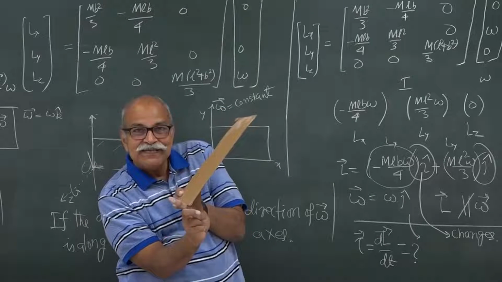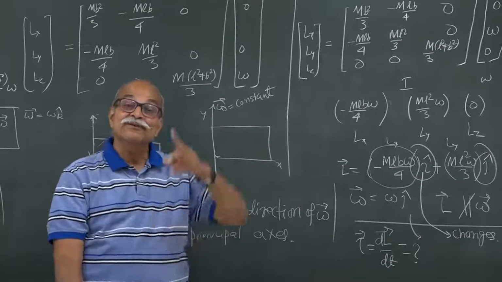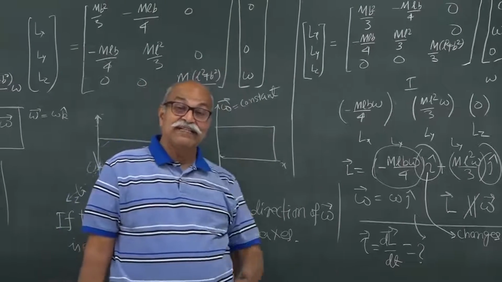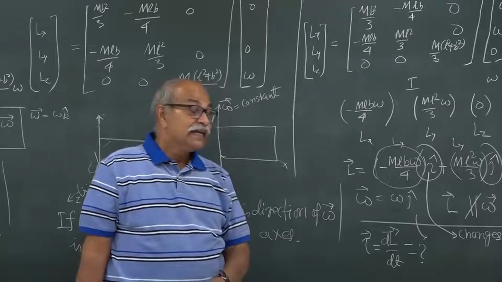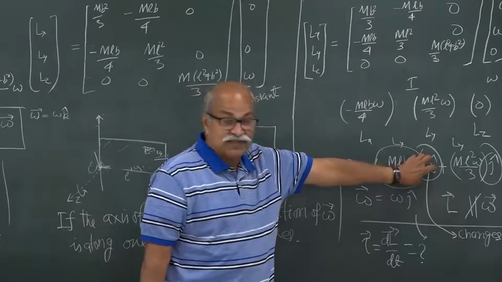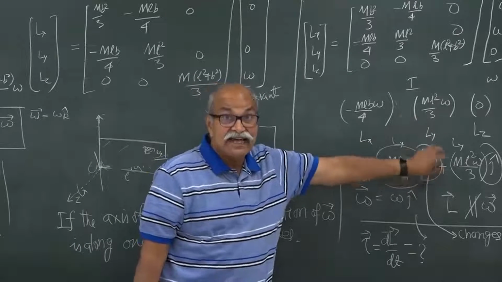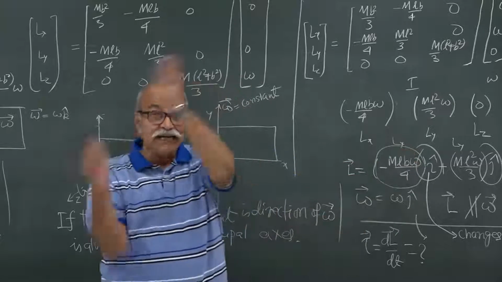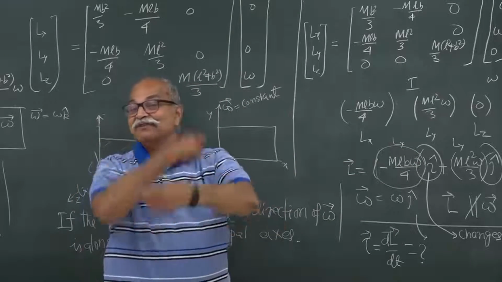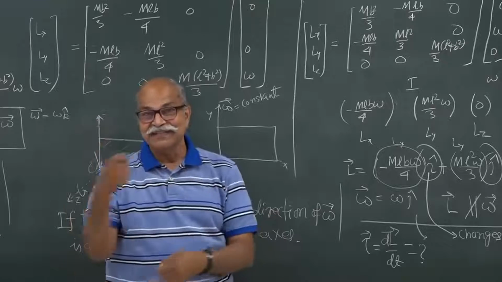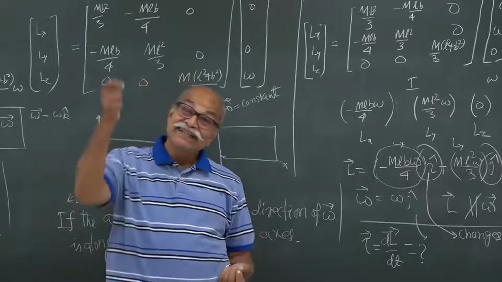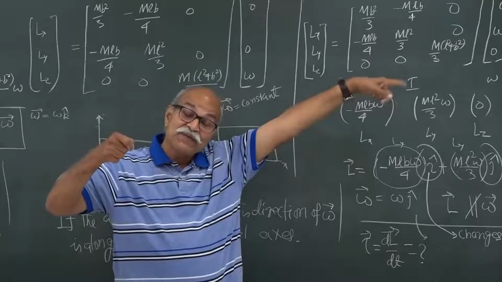So, k cap is also changing. So, we are using a rotating frame of reference, a non-inertial frame of reference. In this reference frame, with these x, y, z axes, in this rotating frame, L is constant, but if in the rotating frame L is constant, that does not mean that dL/dt equal to tau will be 0.